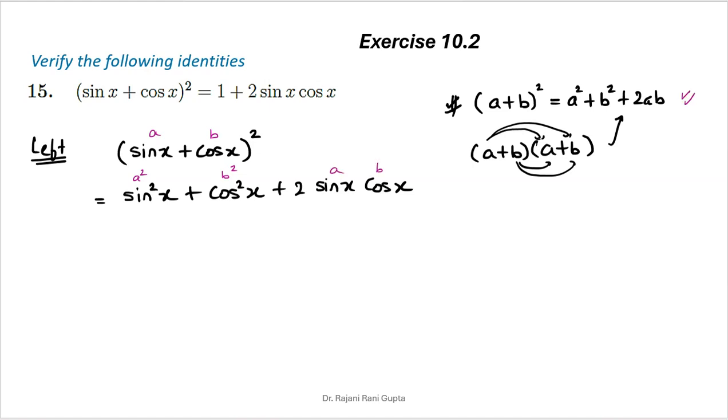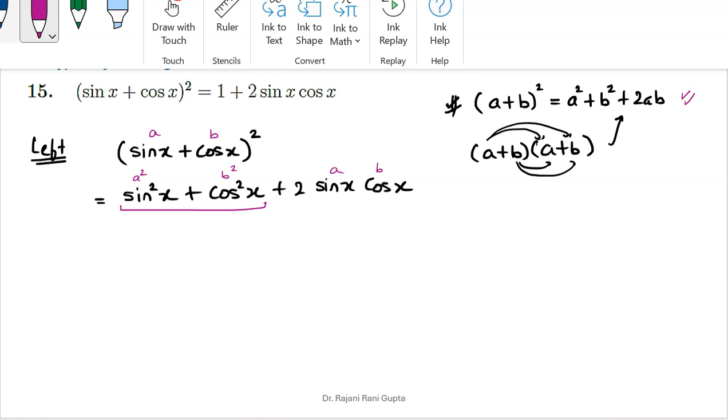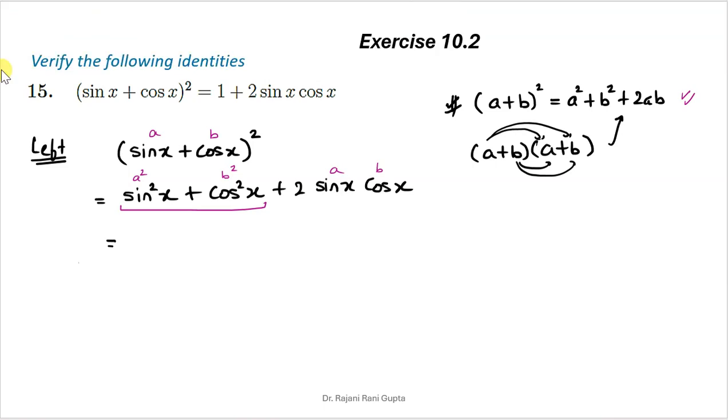Now, what is sin square plus cos square? We know the identity. It is 1 plus 2 sin x cos x, which is your right side. Hence proved.